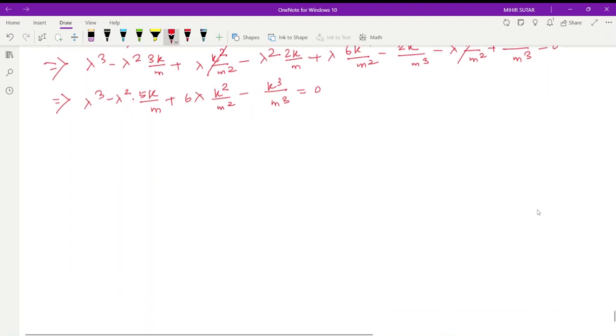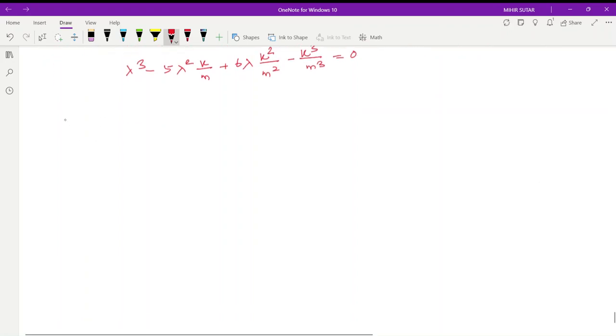So upon further simplification, we can write this as lambda cube minus 5 lambda square of k by m plus 6 lambda k square by m square minus k cube by m cube is equal to 0.